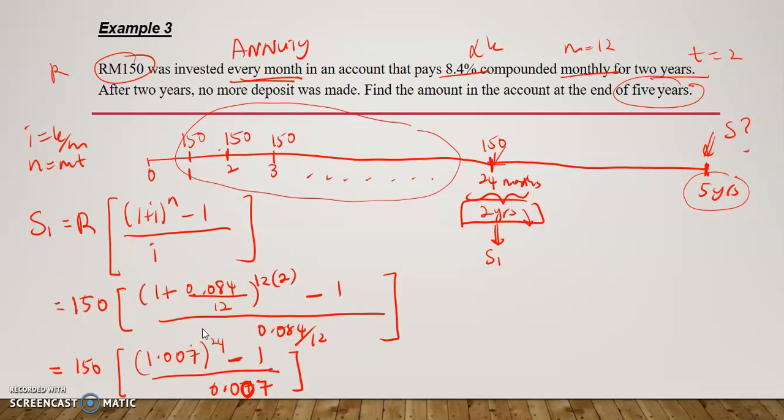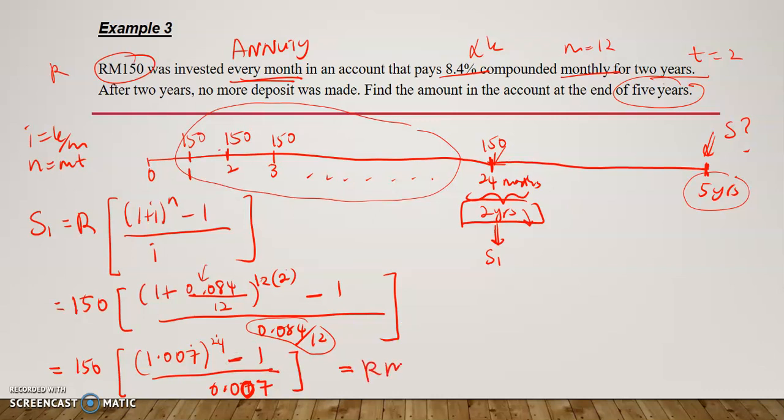And then simplify the calculation in this bracket first. And then find the power, 12 times 2, 24, minus 1. And then for this part here, simplify, so 0.007. And then you can find the final answer using your calculator.